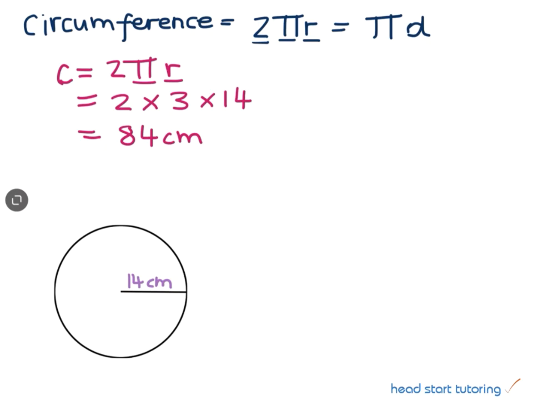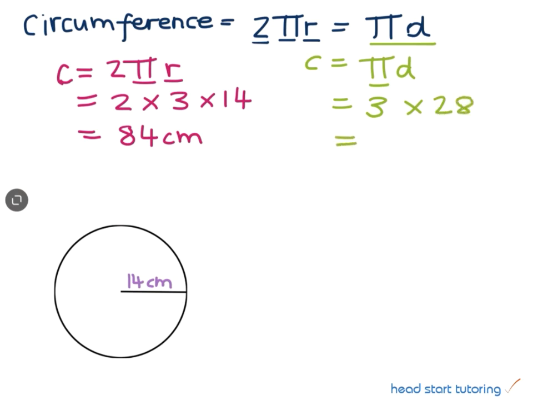If we have a look at the circumference of this same circle using pi times diameter, the formula here would be pi times diameter, which is equal to pi, which is 3, multiplied by our diameter. Now, if our radius is equal to 14, then our diameter must be equal to 28, which is double 14.